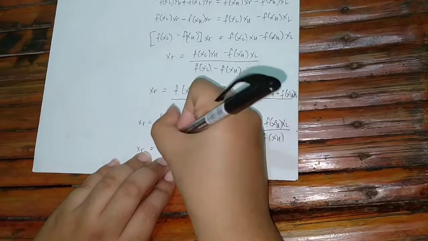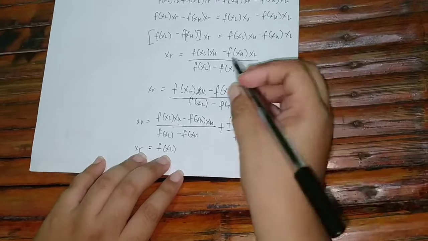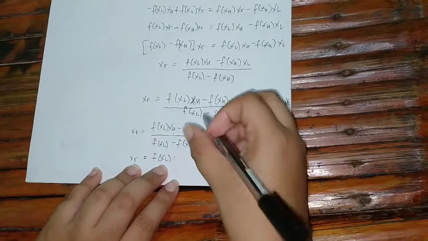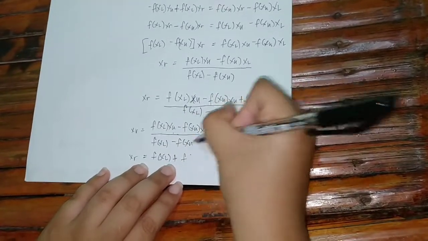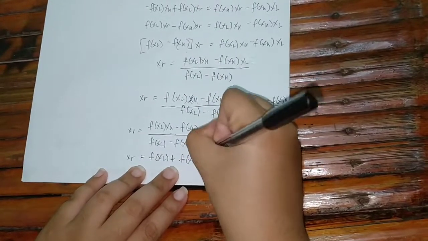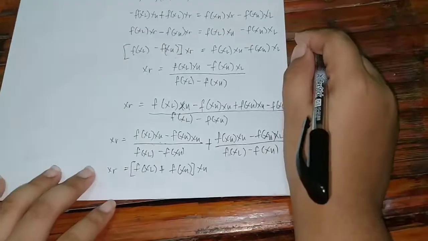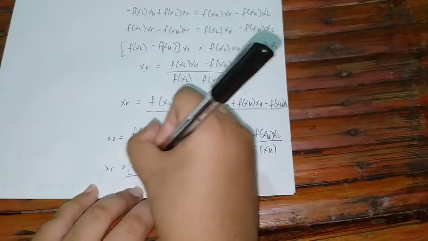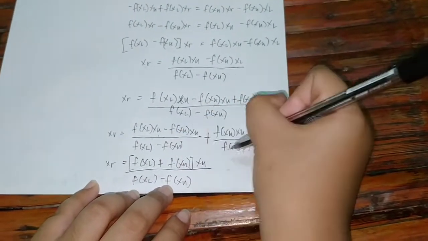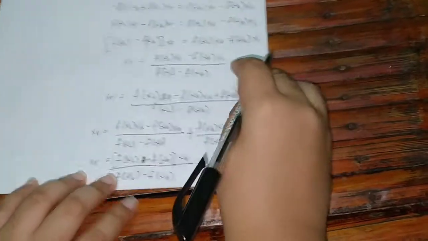So we have f(x_L) plus f(x_U), so we have x_U over f(x_L) minus f(x_U), plus, this is negative.